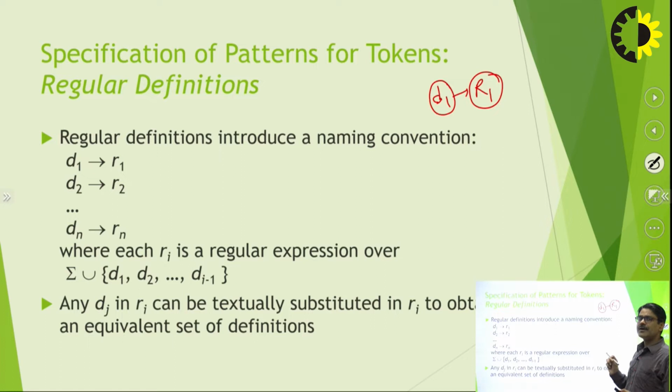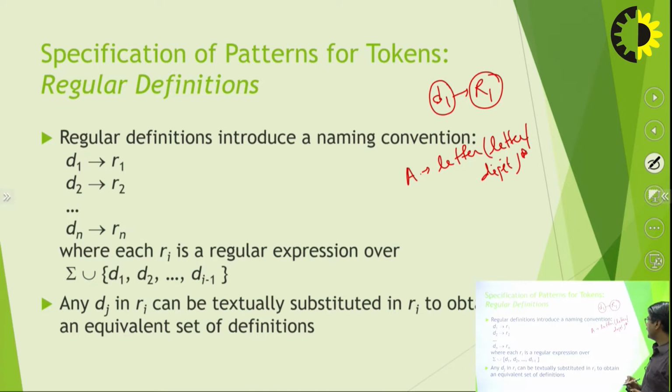In that, the lex specification contains two parts. One is regular definitions, the second is translation rules. D1 equals R1, like if I am using a particular variable, for example letter followed by (letter | digit) closure.